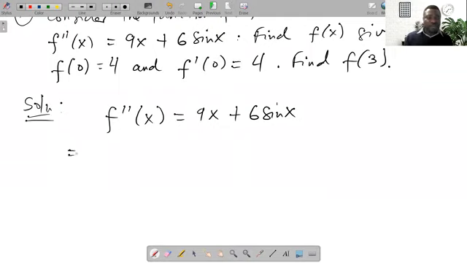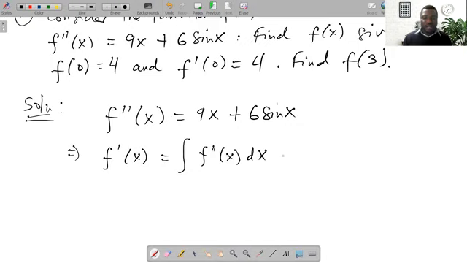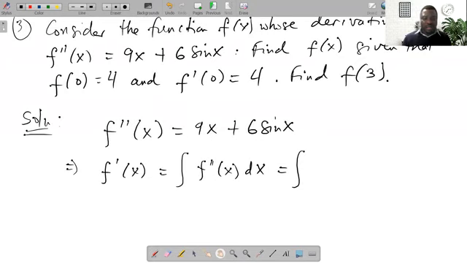Okay, so what it means is that f prime of x is the integral of f prime prime of x dx, and we see that f prime prime of x is 9x plus 6 sine x dx.